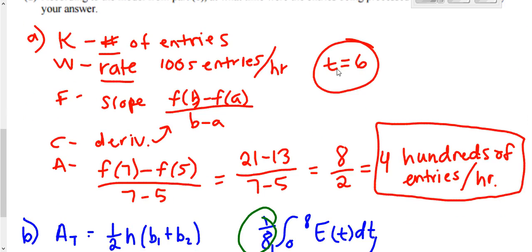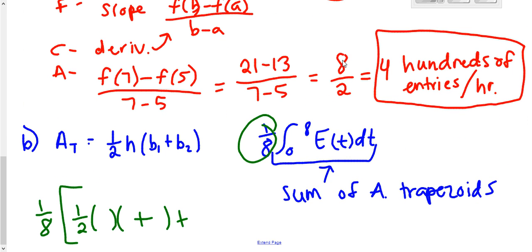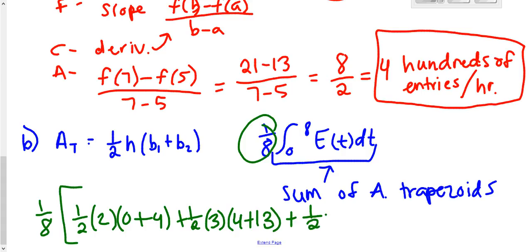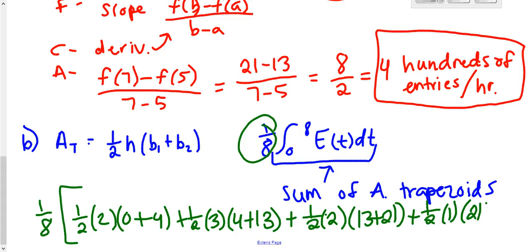So when you write that sum out, you'll have 1/2 times 2, 0 plus 4, plus 1/2 times 3 times 4 plus 13, plus 1/2 times 2 times 13 plus 21, plus 1/2 times 1 times 21 plus 23.